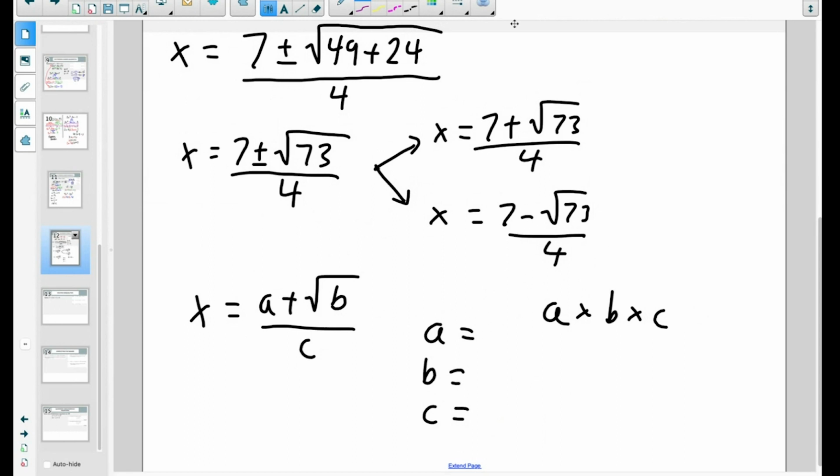So again, in this case, A is equal to 7, B is equal to 73, and C is equal to 4. Depending on the format of the question, you just need to make sure that you read it and understand it carefully, but you'll at least be getting pretty close to full credit once you get to this stage here.